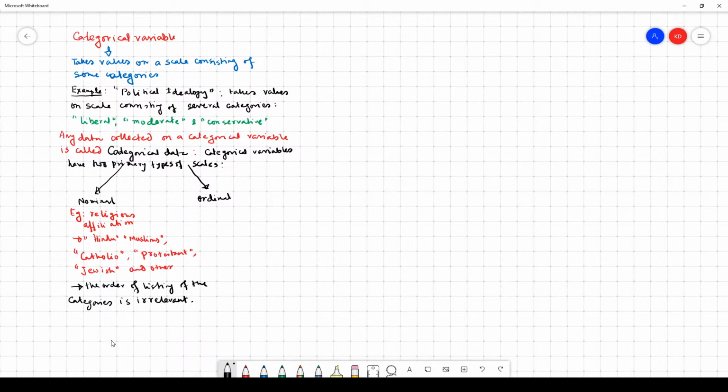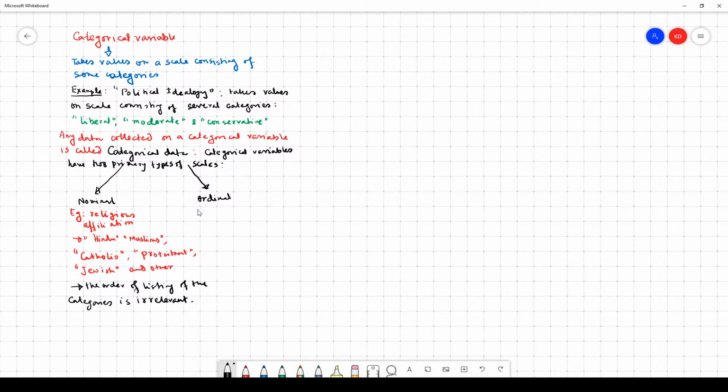So nominal data means categorical data which we cannot order, or where ordering is meaningless. This is called nominal.